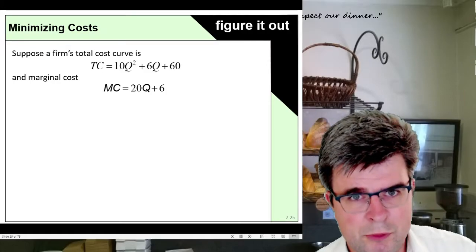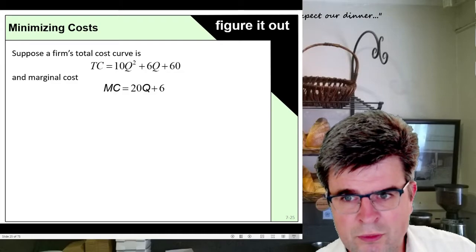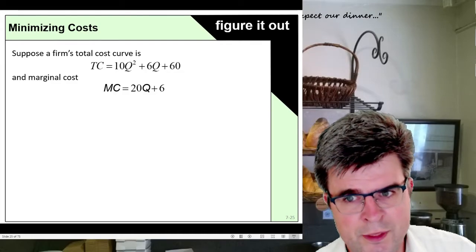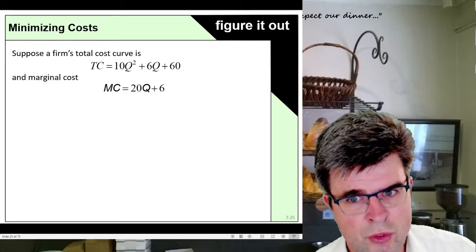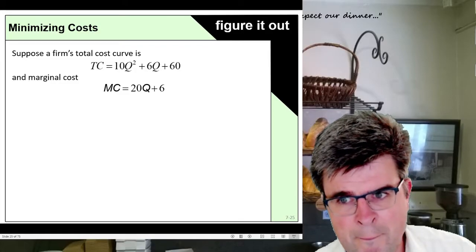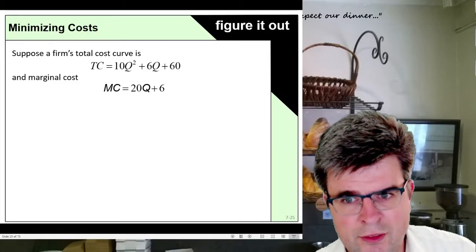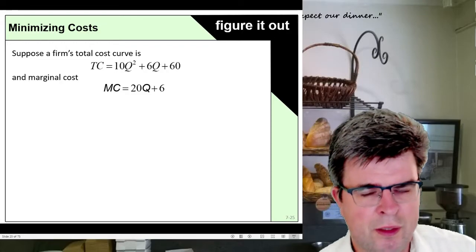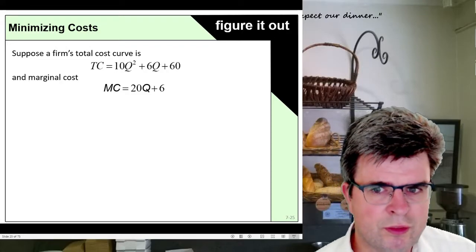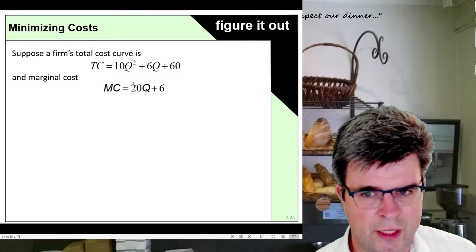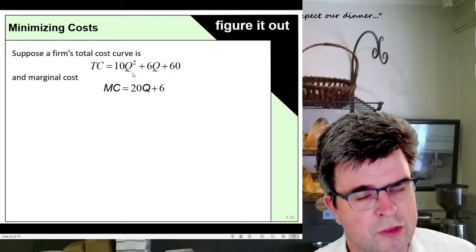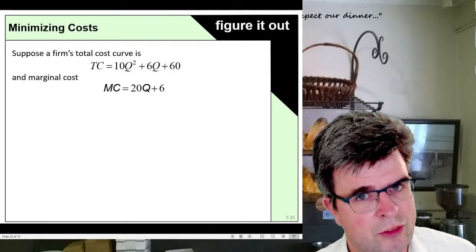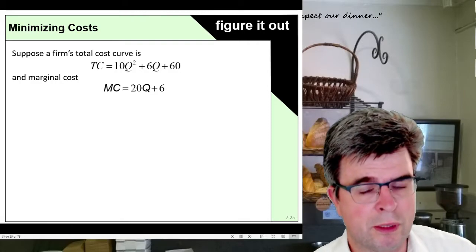Now some specific formulas. Suppose that the total cost curve of a firm is given by TC = 10q^2 + 6q + 60, and the marginal cost is given by 20q + 6. Of course, you need not be given the marginal cost function here, because you can derive it from the total cost function, because the marginal cost is the derivative of the total cost with respect to q.